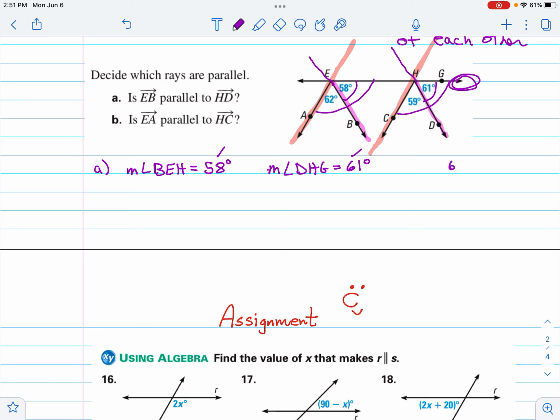So look, we've got 62 plus 58. That's 120 degrees. And then we've got 61 plus 59. And that's 120. This angle is 120 and this angle is 120. So yes, these two lines are parallel because these two angles are the same. The corresponding angles are the same.